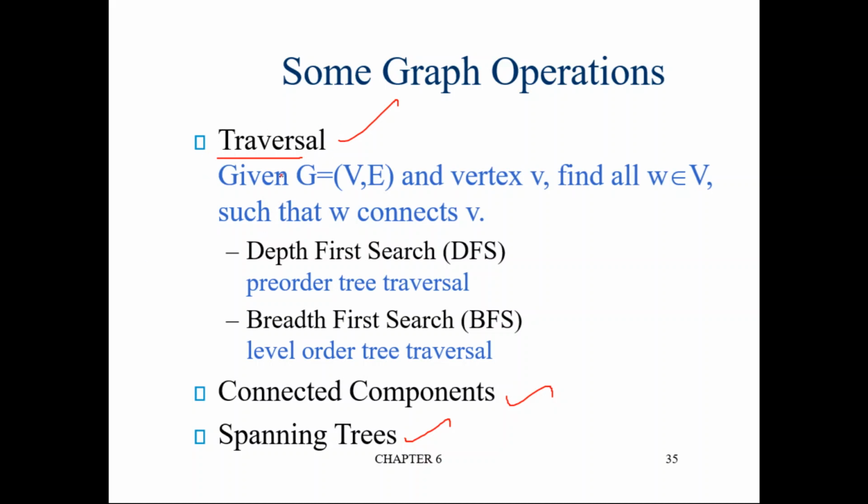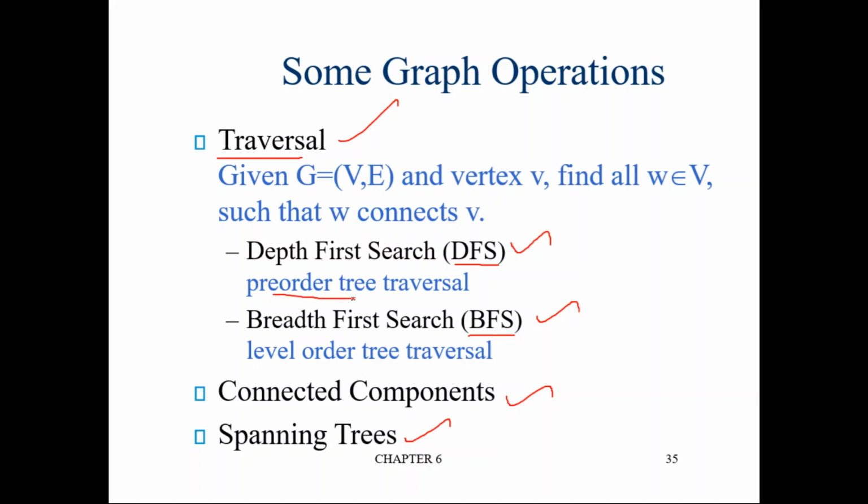Similarly, there are two commonly used graph traversal techniques. One is called depth first search, in short DFS, and the other is called breadth first search, in short BFS. Depth first search is equivalent to a pre-order tree traversal.